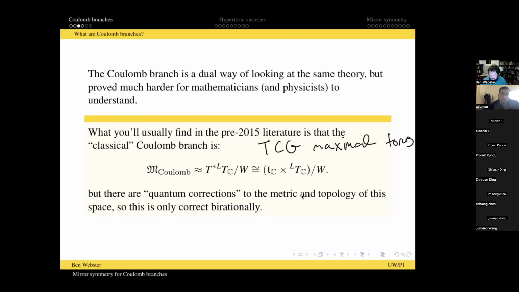So actually, there's this little squiggly equal sign. This is only birationally true. The Coulomb branch is birational to this guy in a canonical way, but it's not actually isomorphic to it as an algebraic variety.